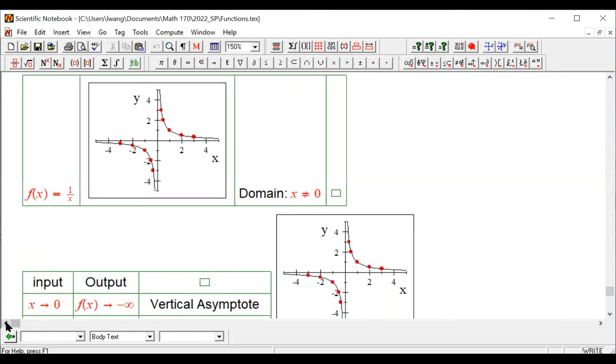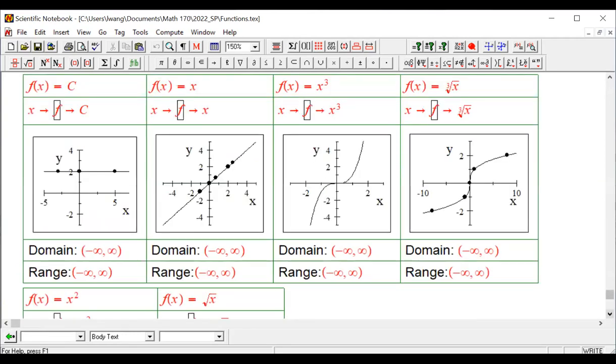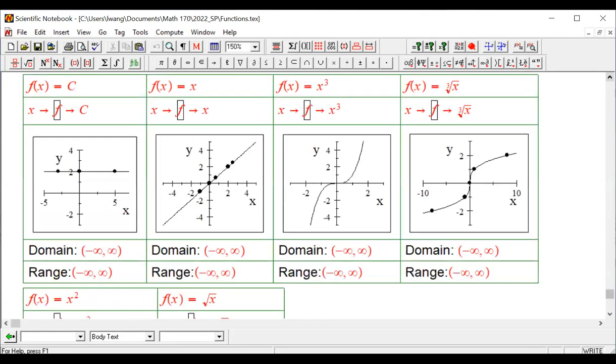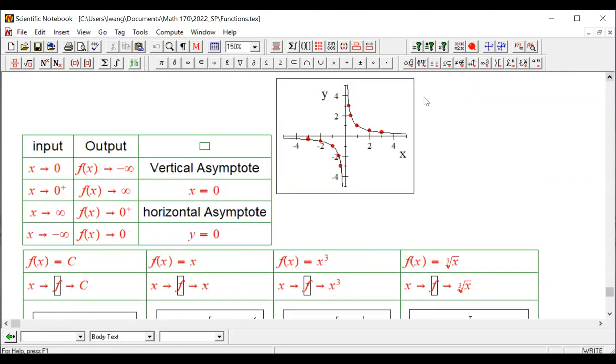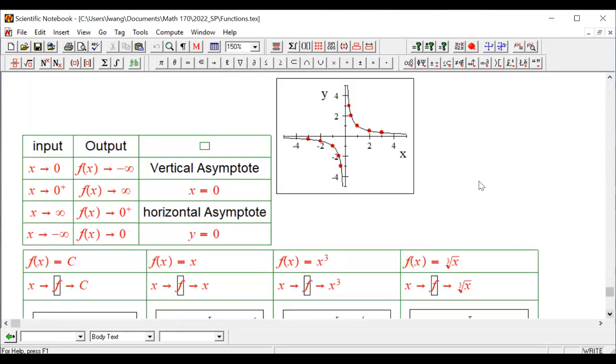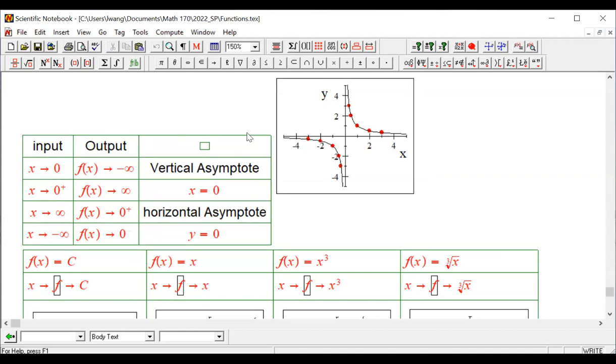So, summarized: all of these functions. And then one more, 1 over x. This function is summarized for 1 over x, right?